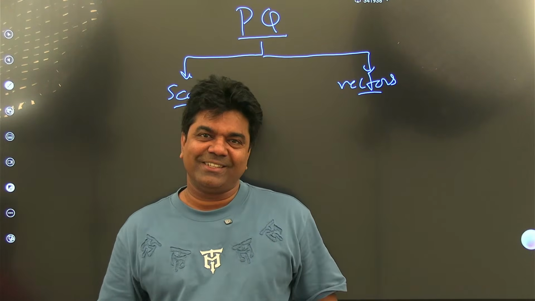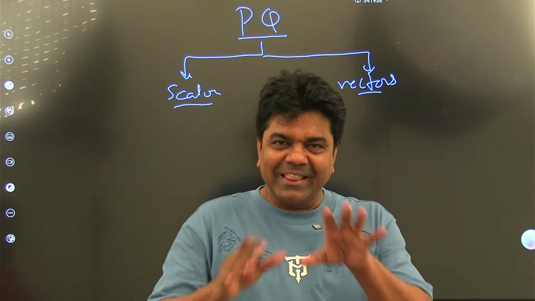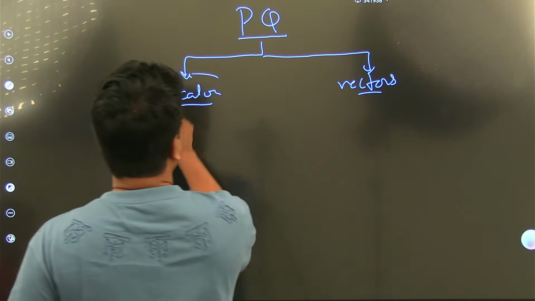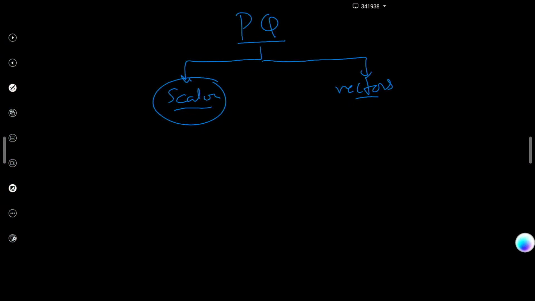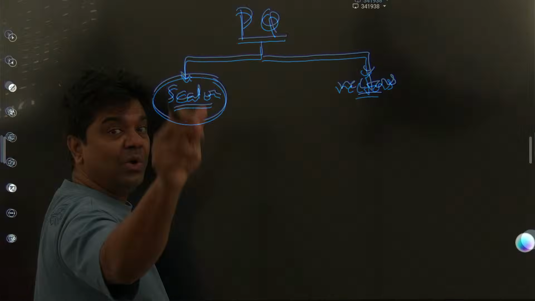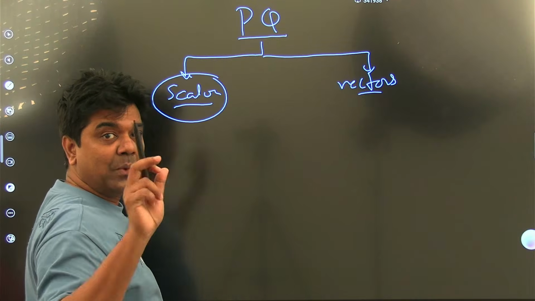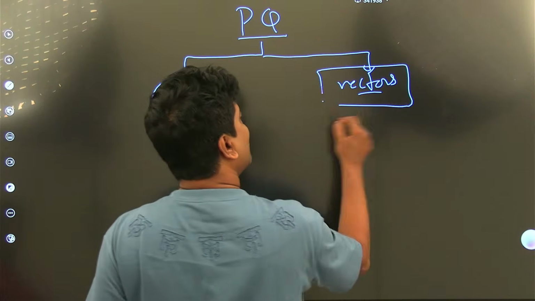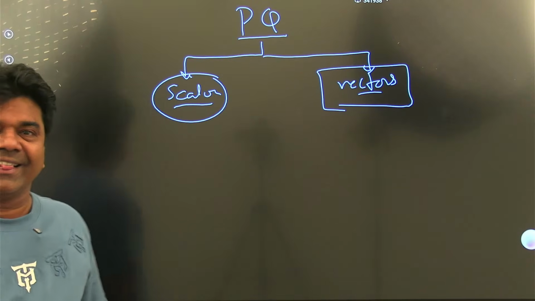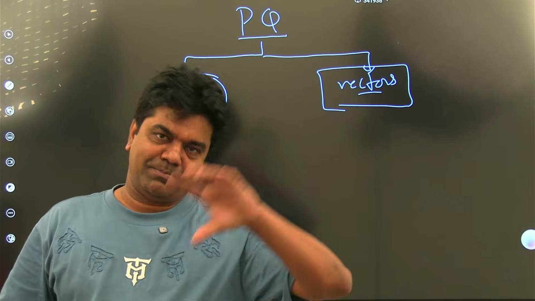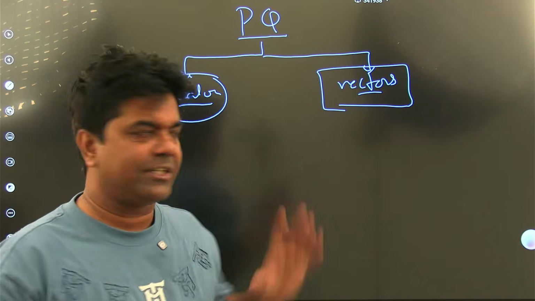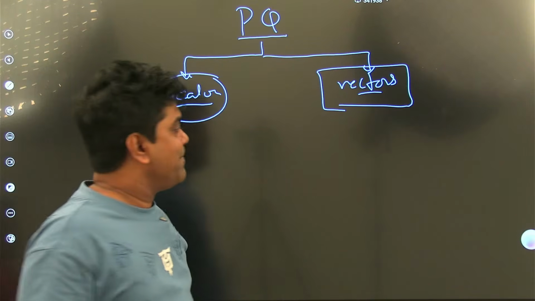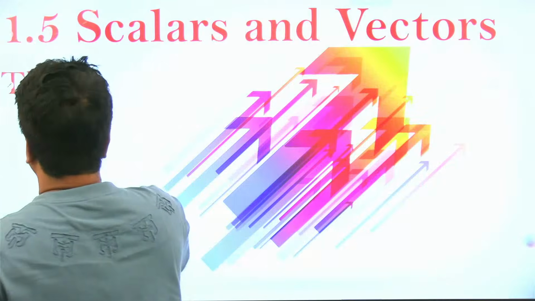With these small explanations of the basics of vectors and scalars, scalars are quantities with no straight line direction. The vectors are quantities with a straight line direction plus the magnitude. Magnitude is a must for all physical quantities, right? That's why I said physical quantities. So let's go back to our work, right?